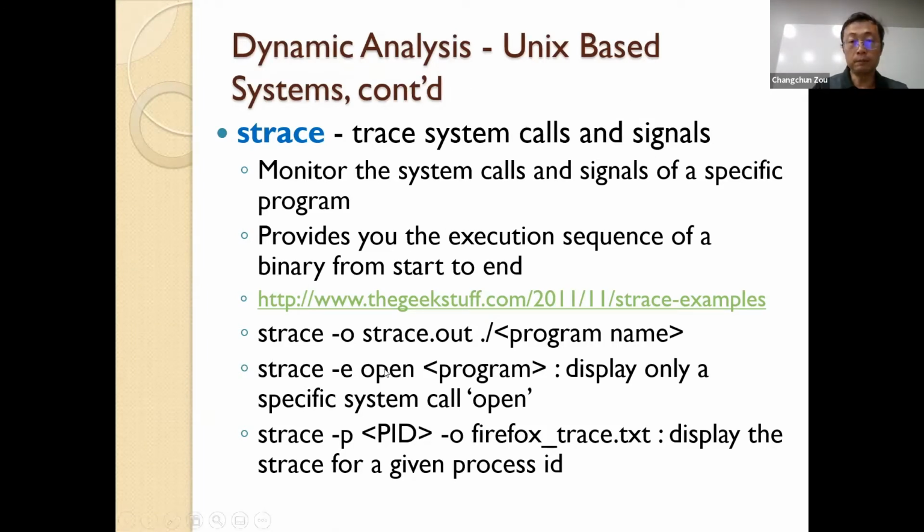You put the program after strace, let it run, and strace will tell you what system calls and also the parameters for those system calls are used by the program. You can use the -o option and a text file to record all the text output, because the output will go very long, especially for some large programs.